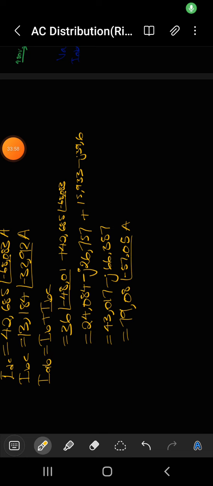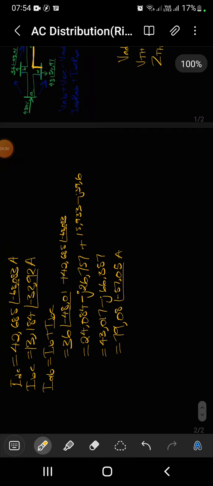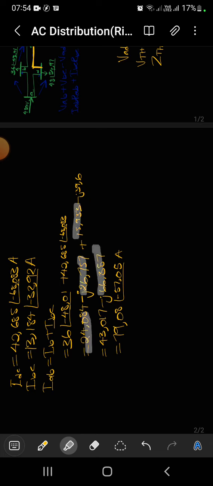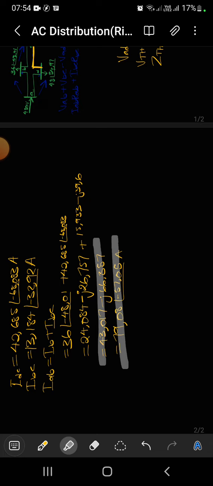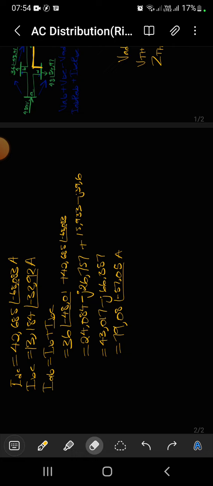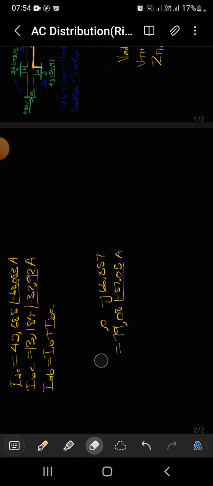Good. So what I did, I converted our values to rectangular, both of them, right? Then added the like terms, meaning real with the real, and imaginary with the imaginary. And I got my current IAB, and then converted it to polar. You always want to keep your stuff in polar. Apparently, I can't say always, because in the memos and everywhere else, they mark the polar.